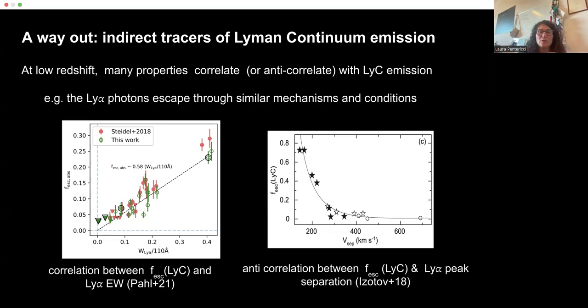But if you have very young stars, they will produce a lot of Lyman continuum and a lot of Lyman alpha. So the two emissions must be related somehow, and this is something that you do see from observations. But I think it's more because they escape through similar mechanisms and conditions, and they're also produced by more or less the same type of stars. And this is something that is very useful when we try to have the indirect relations, as I will show tomorrow. Thank you.